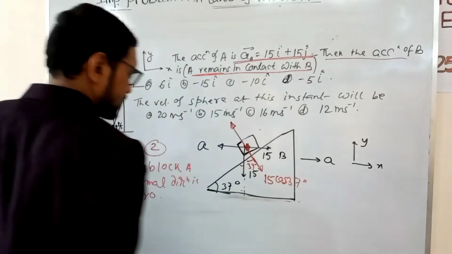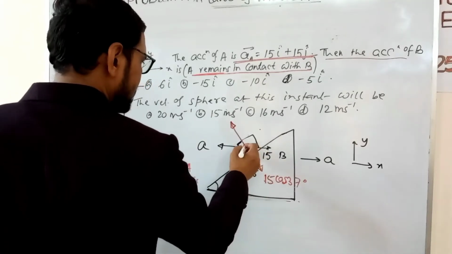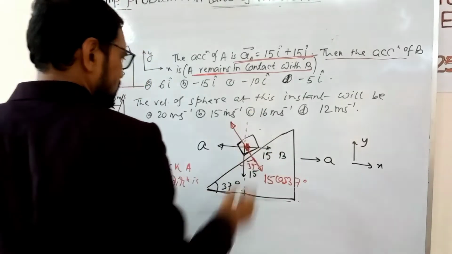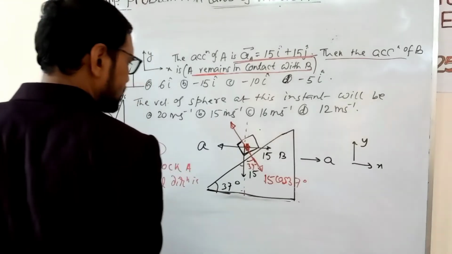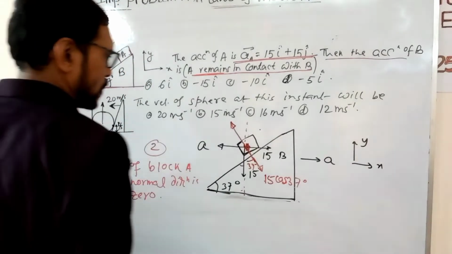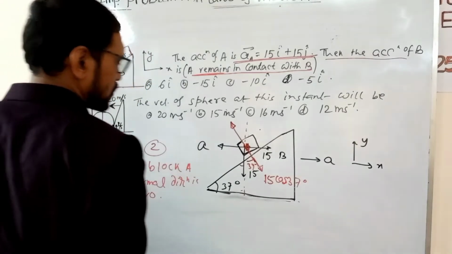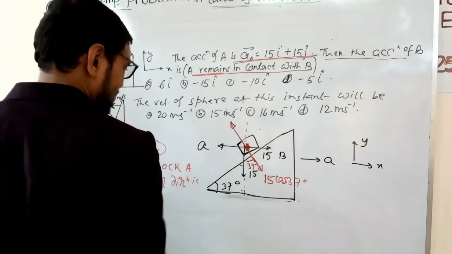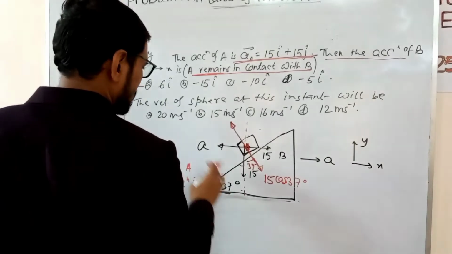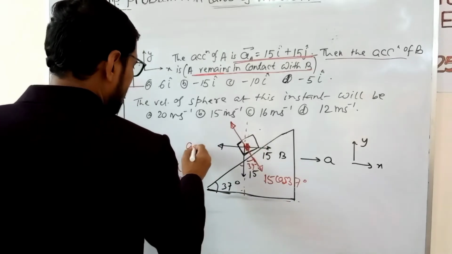37, 15 cos 37. The pseudo force acts in this direction. So the total acceleration along this is A minus 15.